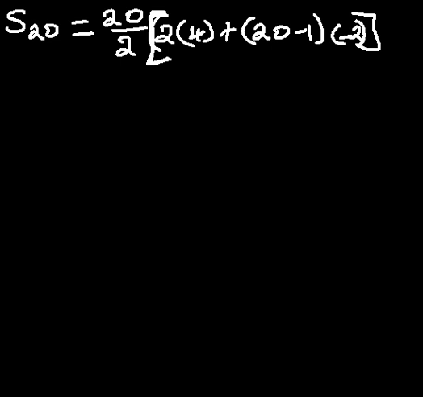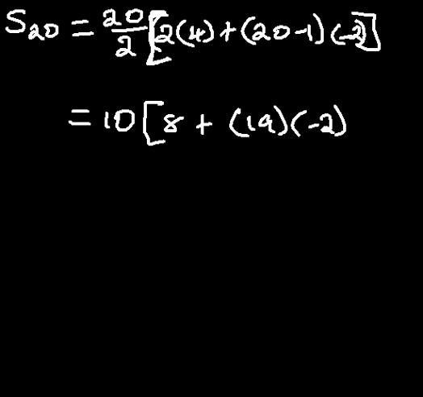We have 20 over 2, which is 10, and here we have 8 plus 19 times negative 2. So what is 19 times negative 2?